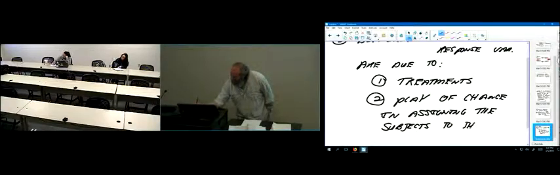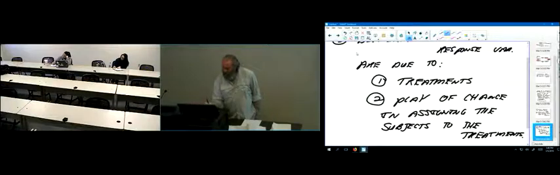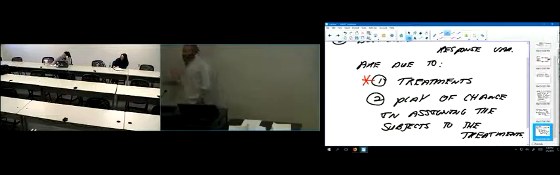And here's what I have in my mind. I'm going to star this because that's what we're looking for. If we have large differences, 80 to 60, 75, 62, something like that, we want it to be due to the treatments. The problem is there's always this play of chance in assigning the subjects to the treatments.